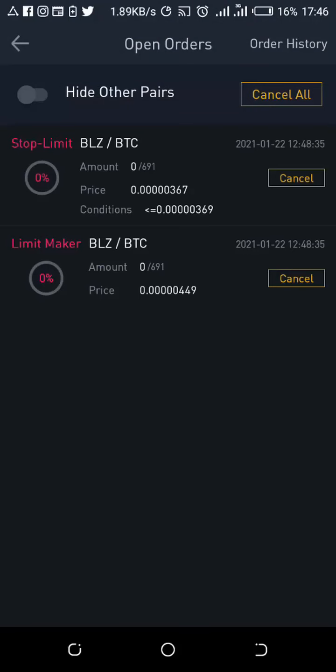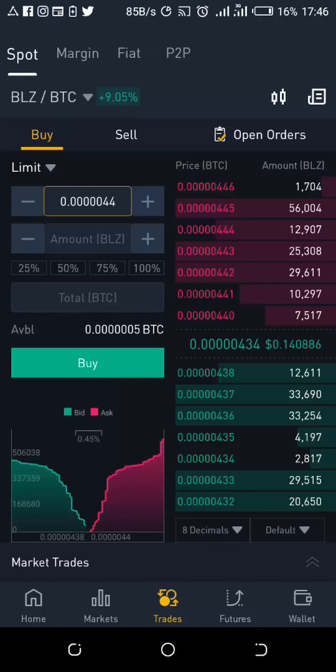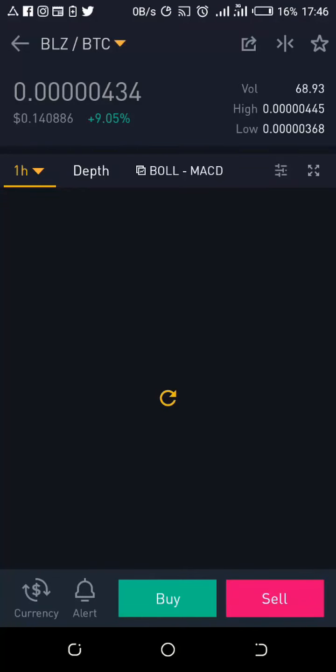We say let it be, if it goes down to 367, then it should sell out so that we stop a loss. But if it reaches 449 Satoshi, then it should sell off so that we make a profit. This trade has already reached 445, right? It's coming down a little bit, but we believe that it's going to go up.